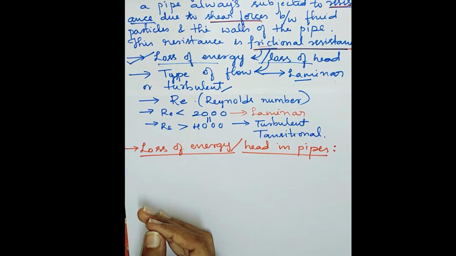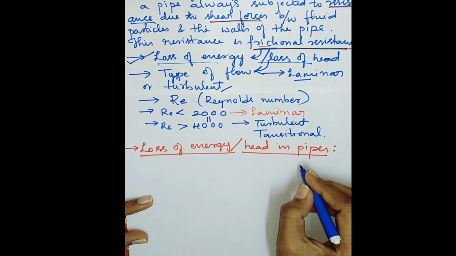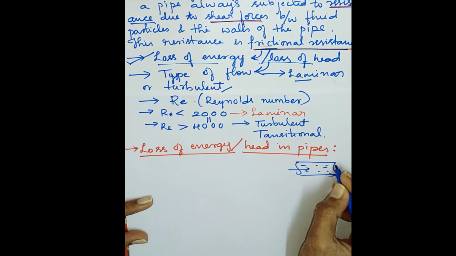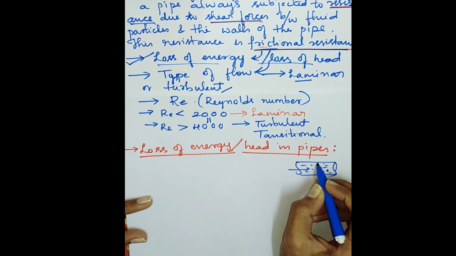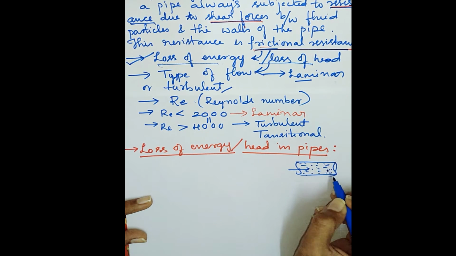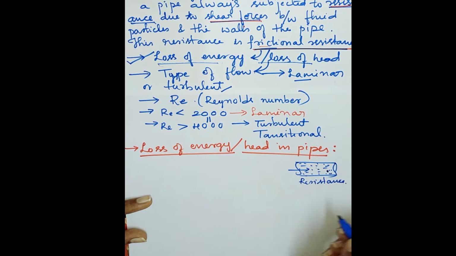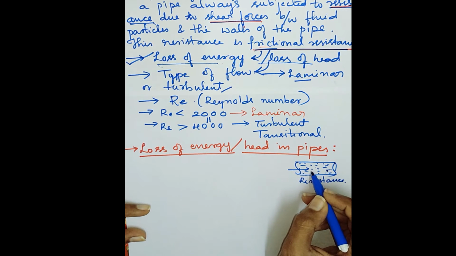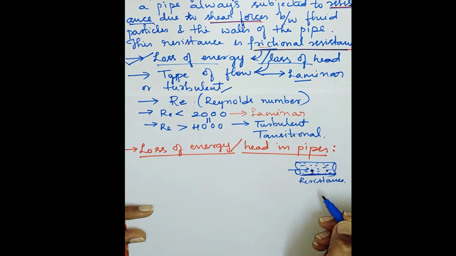So how do these losses occur? When the fluid starts flowing inside the pipe, the fluid will experience certain resistance, which is due to the shear forces that develop between the fluid particles and the wall.